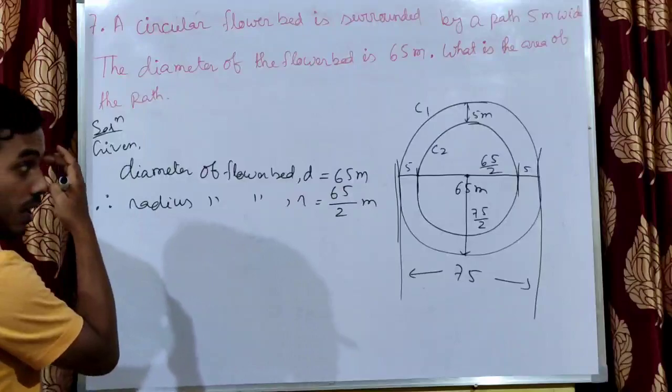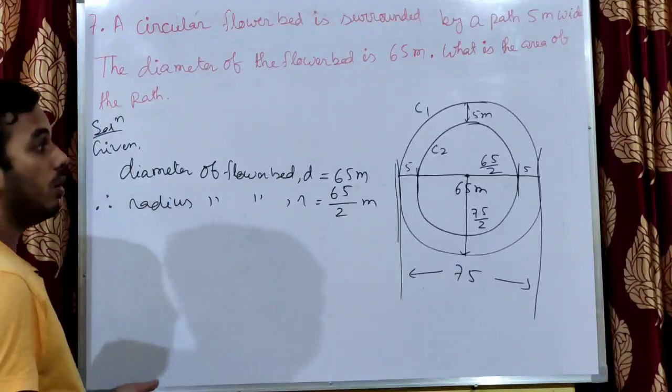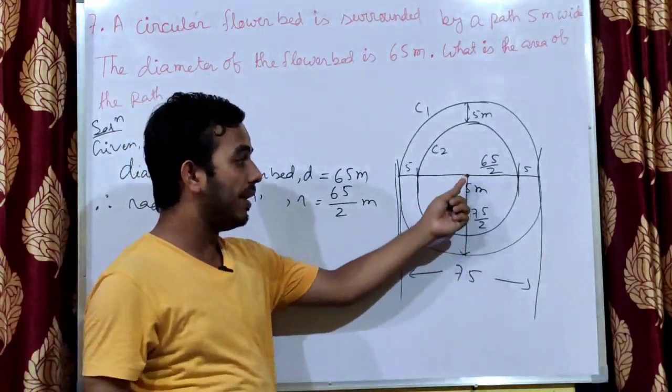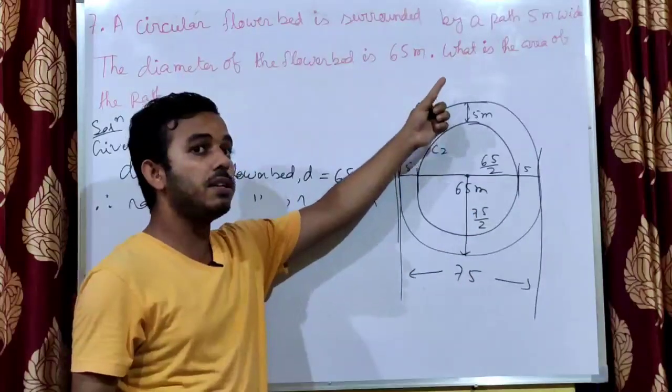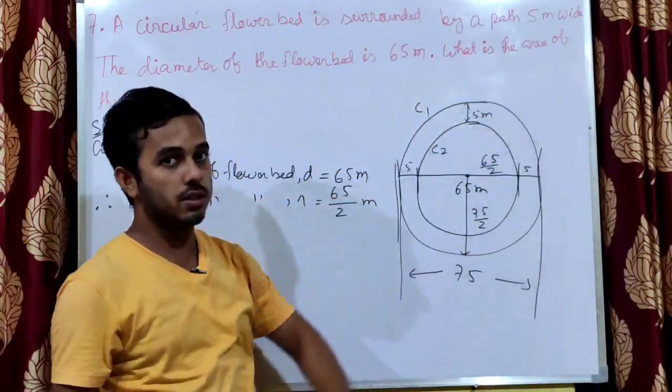Clear? Right? Now next we have to write what? We have found radius of circular 1, right? That is radius of the path.